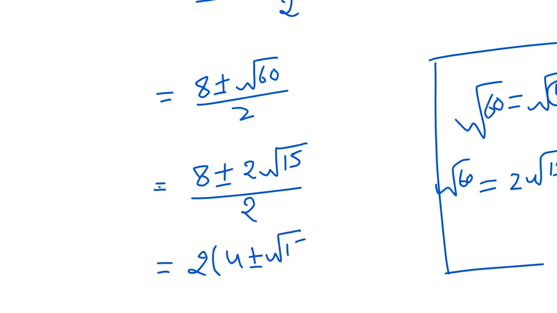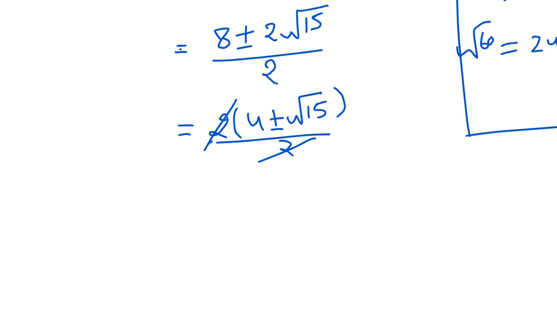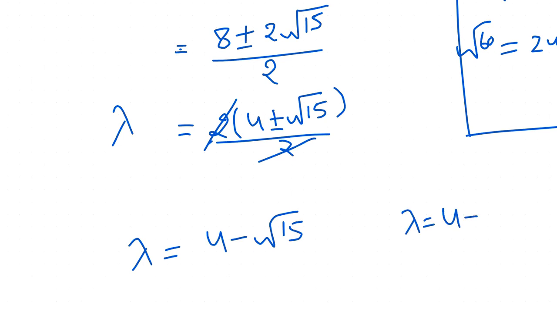So we can cancel the common factor, and on the left side we can write the value of lambda. Let us take one time minus and one time plus. So lambda is equal to 4 minus square root of 15, and lambda is equal to 4 plus square root of 15. So these are eigenvalues.